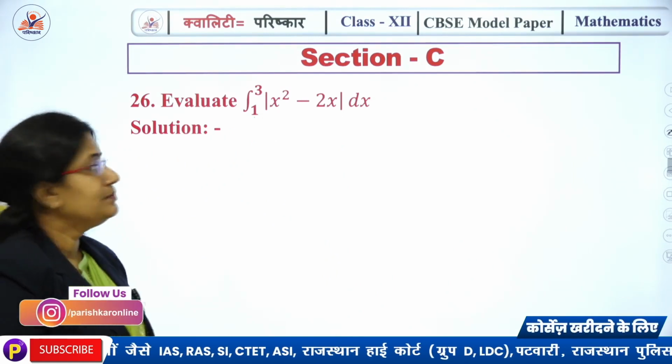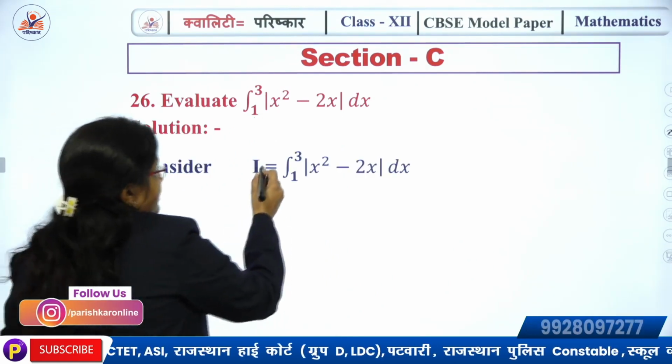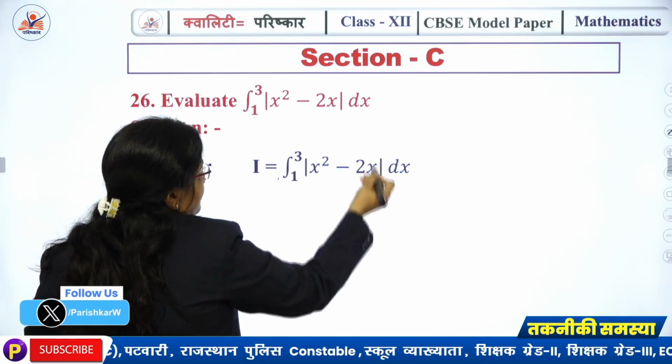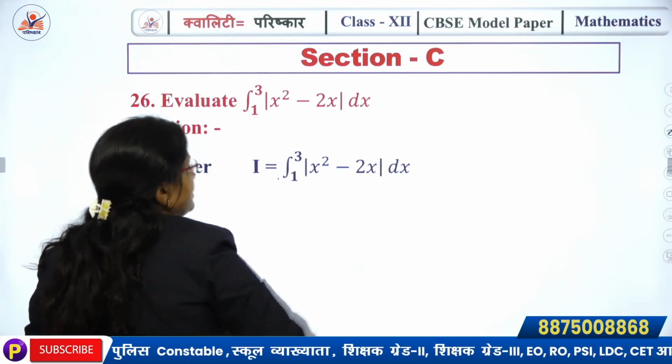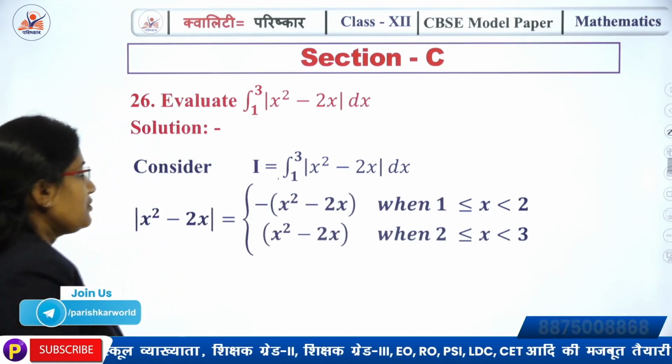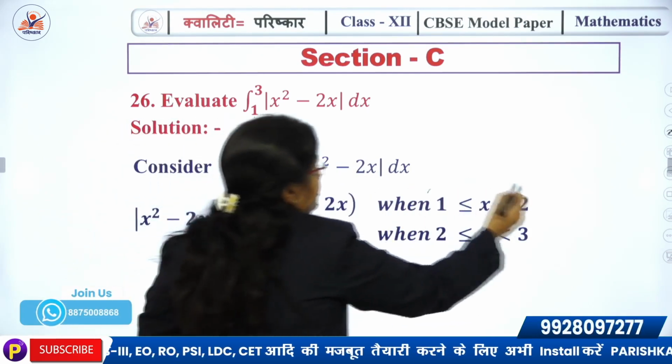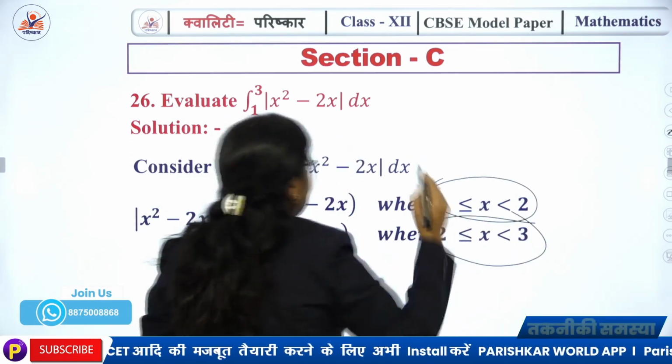Let's see the solution. Let this integration be I, from 1 to 3 of modulus of x square minus 2x dx. Now students will break this integration limit 1 to 3 between 1 to 2 and 2 to 3.